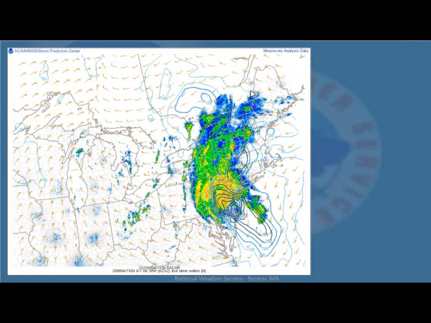Once you get above values like 100, you will catch our attention as forecasters in southern New England. And in this case, the storm relative helicity is off the charts. You're seeing values above 500 towards the mid-Atlantic states, and that's a very favorable environment for tornadoes if you can get the parcels to be lifted.